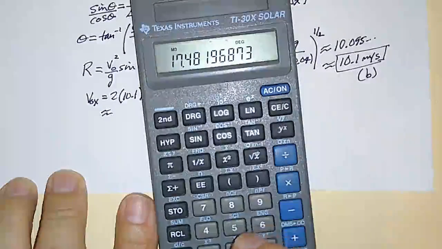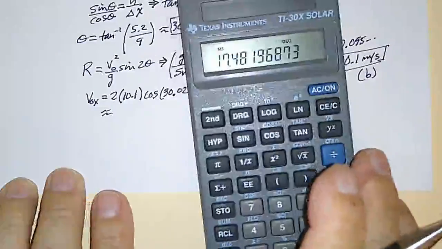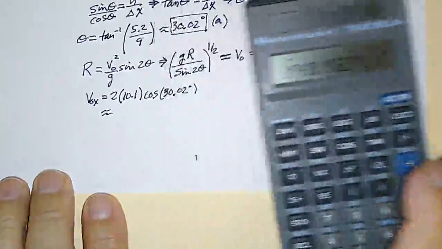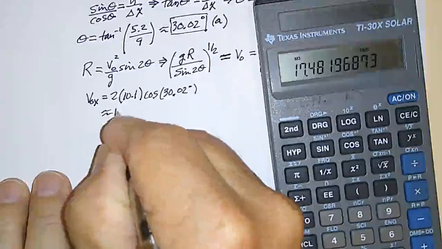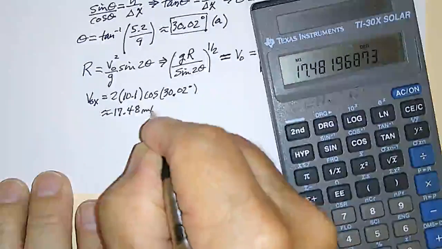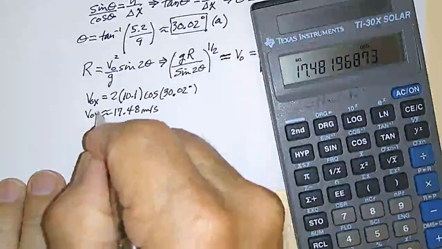I have to recall the cosine, take the cosine of that, times 17.48 equals 20.2 approximately, and that's equal to 17.48 meters per second. That's what v naught x is.